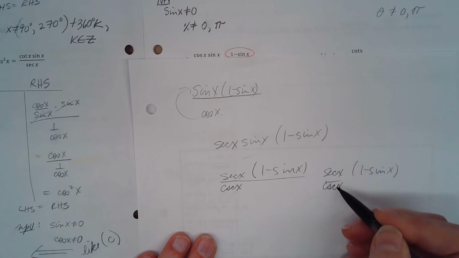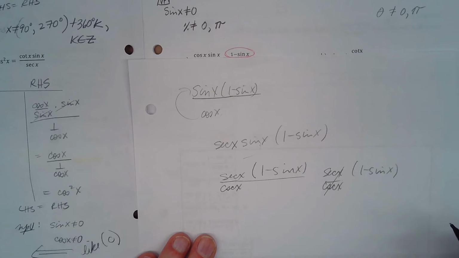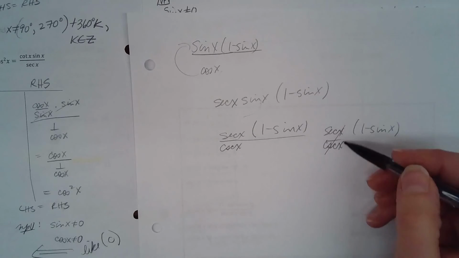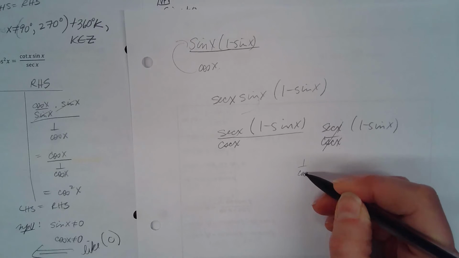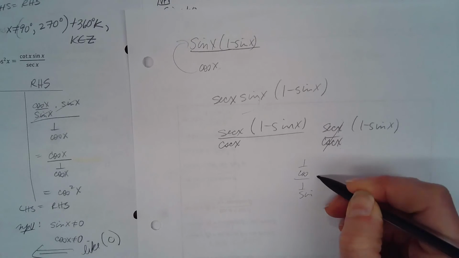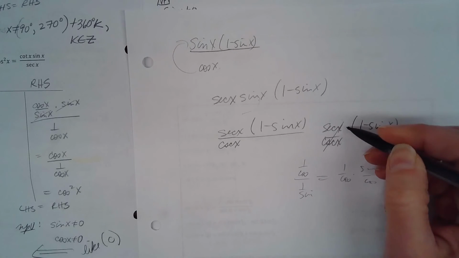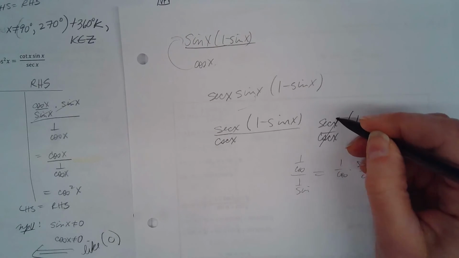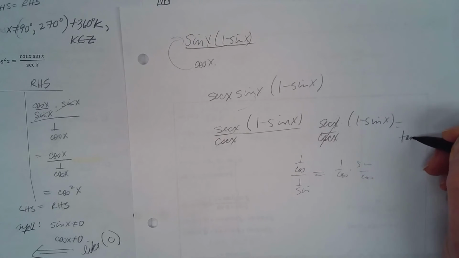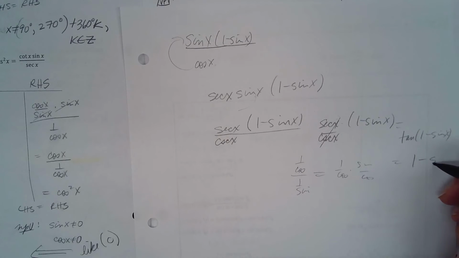And secant over cosecant is, what's secant over cosecant? 1 over cos, 1 over sine, right? 1 over cos times sine over cos. It's just tan, right? So again, this becomes my tan on top, or my cotan on the bottom, right?